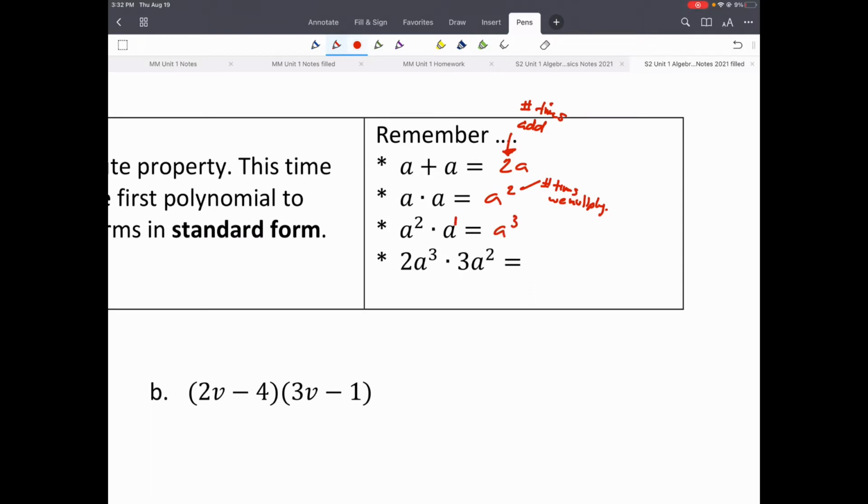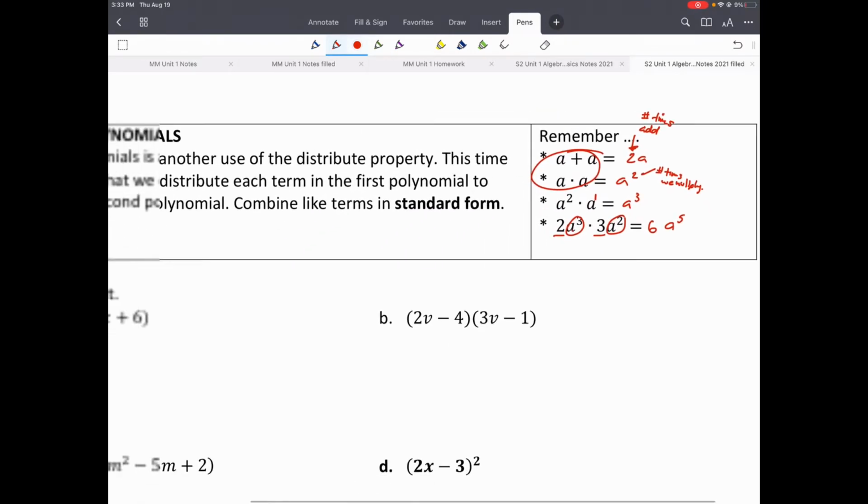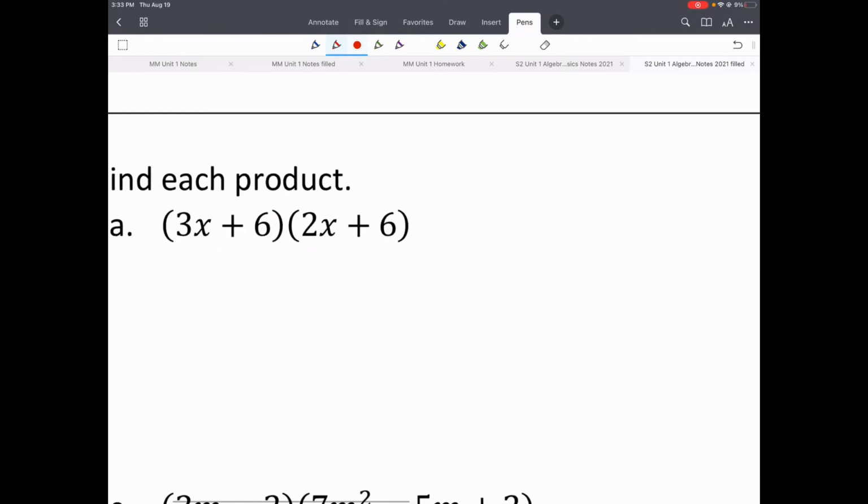Okay. Or if we had another example, this would be our coefficients. We multiply those like normal. And then here we have 3 a's that are being multiplied, and then we have 2 more a's. So then we end up getting a to the 5th. Anyways, what we're really going to be doing a lot is just a times a or x times x, just like this.